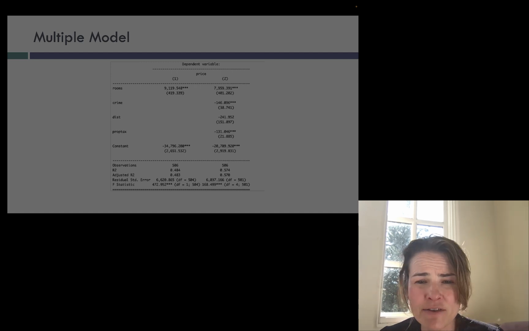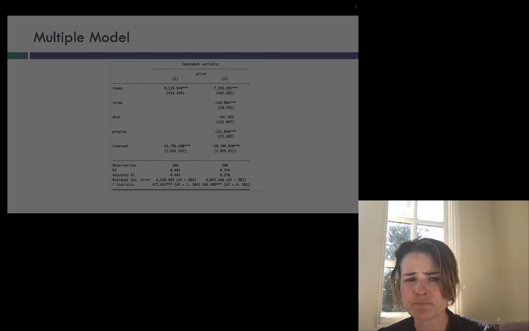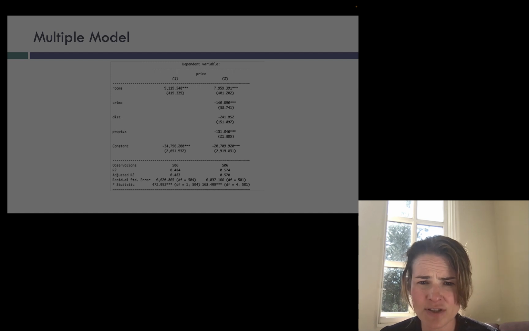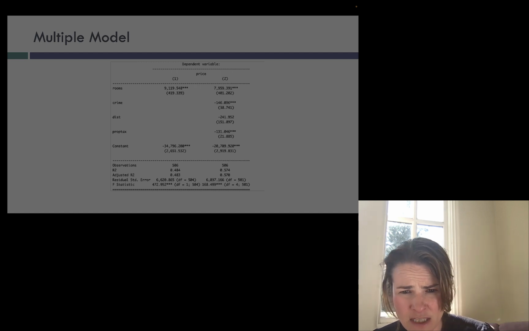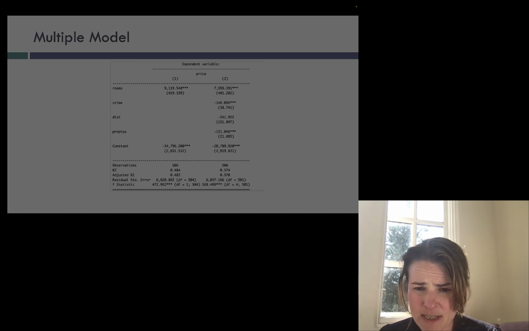Turns out when we add some other variables about the neighborhood, right? So instead of just the average size of the house, as the crime rate goes up, not surprisingly, it brings the prices down. As property taxes go up, those bring your prices down statistically significantly. Distance, it looks like, from the 5 centers in this model doesn't do much, but those 2 variables do.